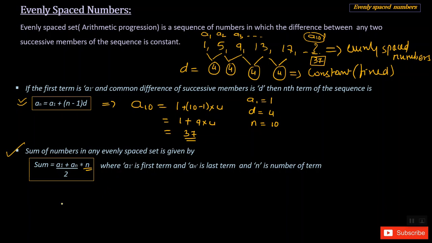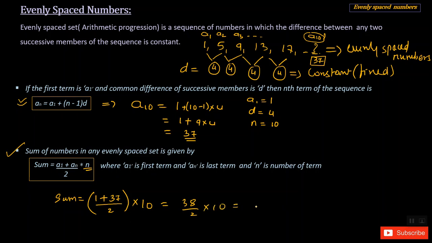My first term is 1, plus the last term, which we got here as 37. a1 plus a10, that is my 10th term, divided by 2, and how many terms are there from here to here? That is 10, multiplied by 10, right? So 37 plus 1, 38 by 2, times 10.